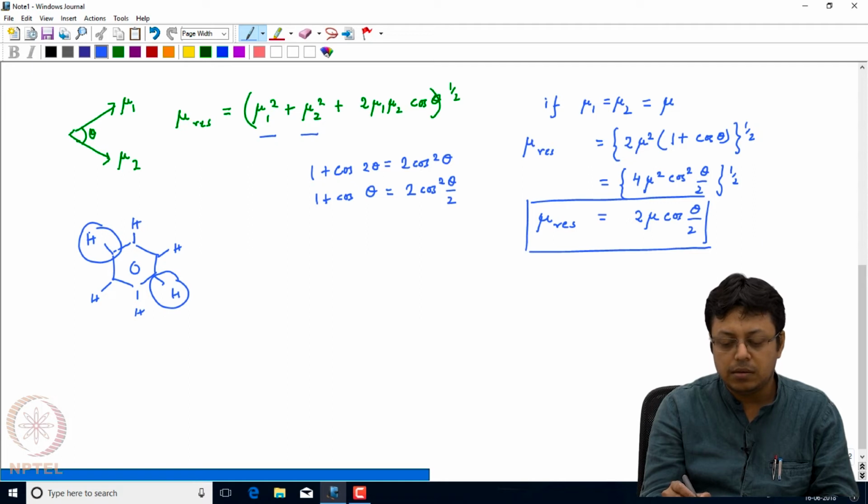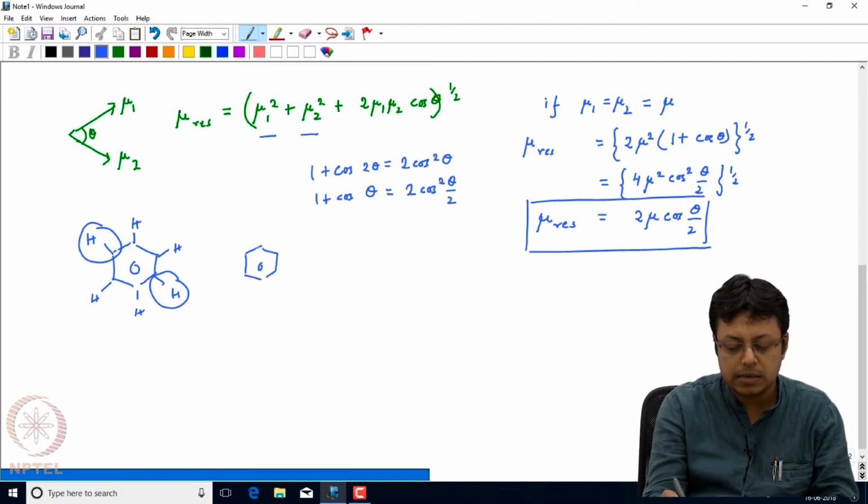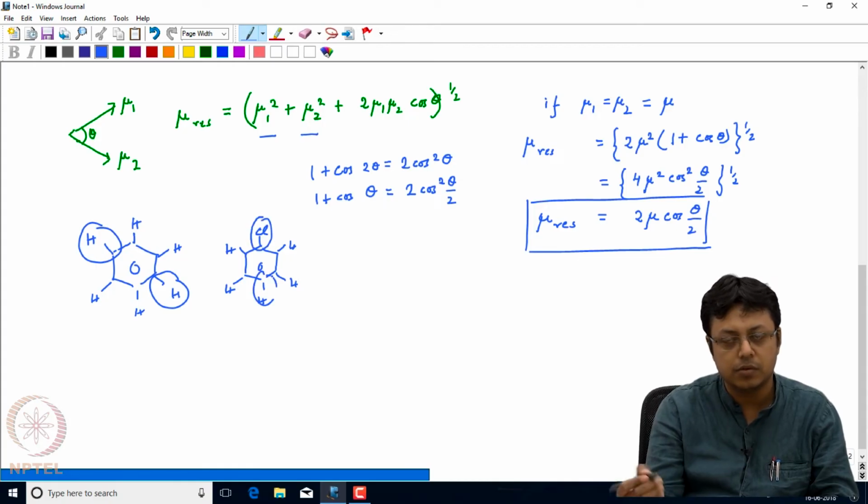So if we have a substituted benzene, let us say a chlorobenzene like this, we can readily predict that there is a CCl bond moment and there is a CH bond moment, and they of course do not cancel with each other. So we will have some resultant dipole moment for chlorobenzene.